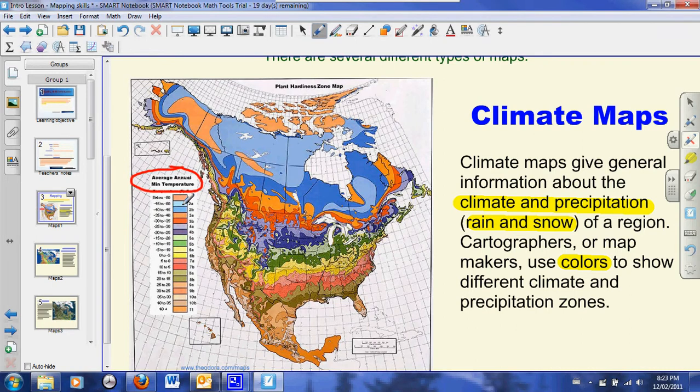If you take a look at this legend, these two blues indicate -40 to -50. You can see this red pin in this general area. So it's pretty cold, as we know, because we live in that area of North America. Warmer areas are these orangey browns, and of course that would be closer to the equator, down in this area here. So that's climate maps.